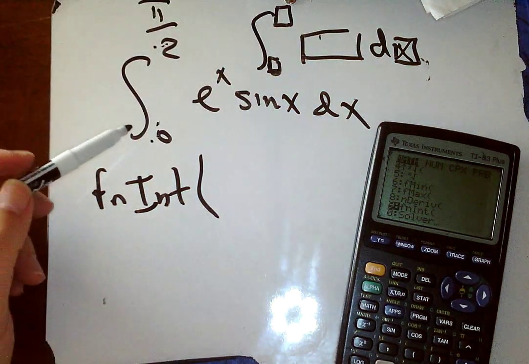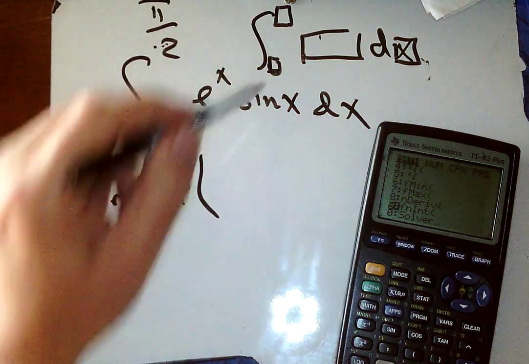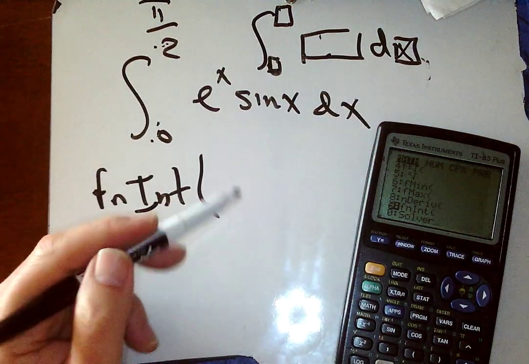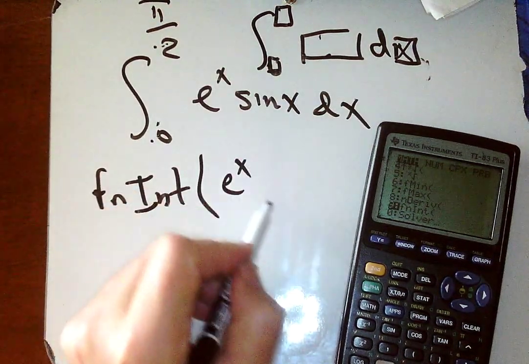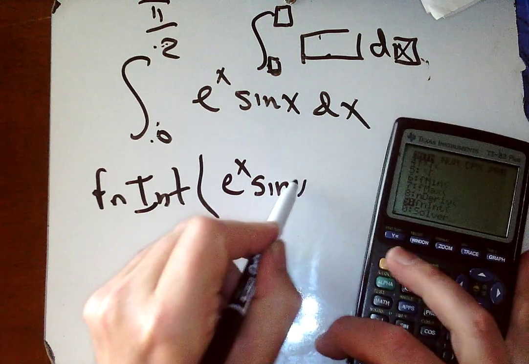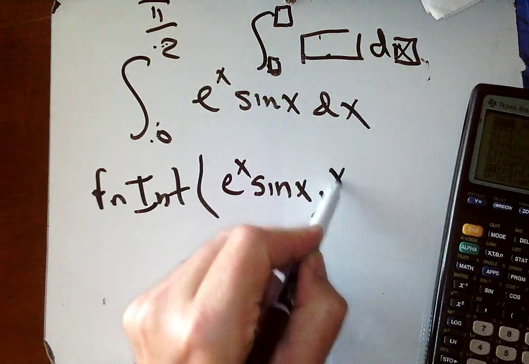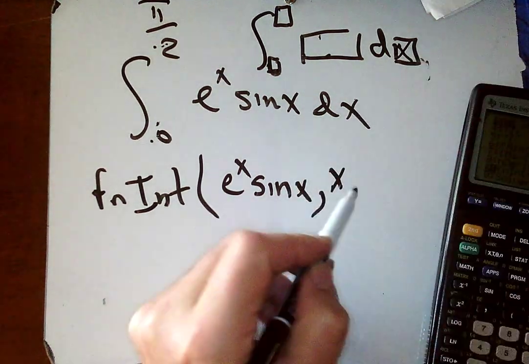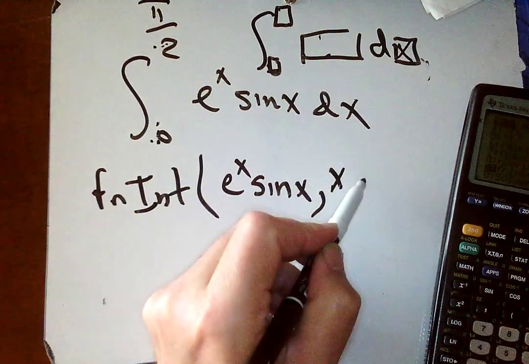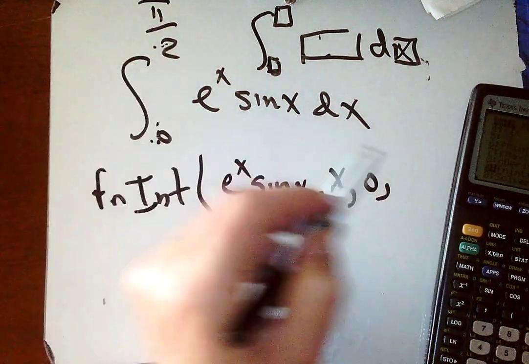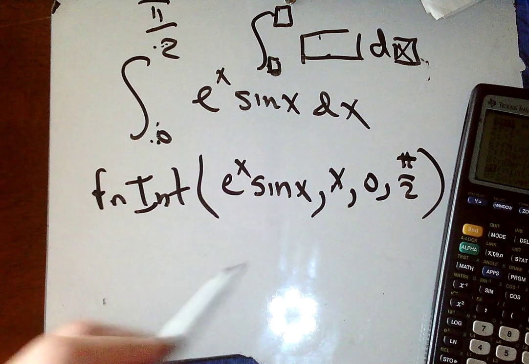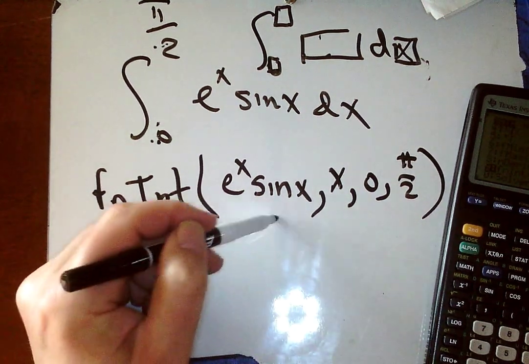Now, on the old school calculator, I need to provide all that same information, but in this order: e to the x sine x, comma, x, comma, a value, comma, b value. Okay, so that's what we want to do.